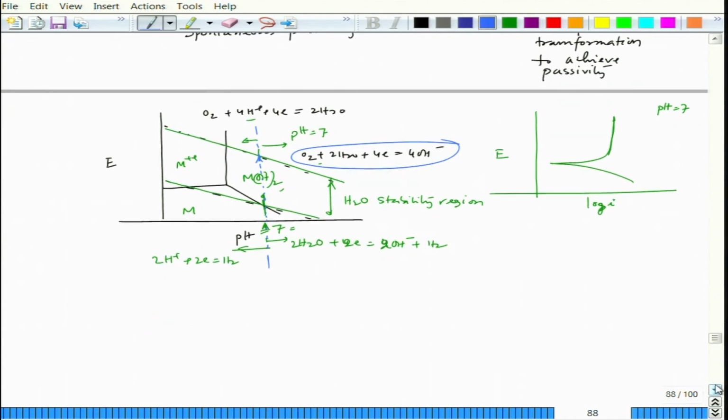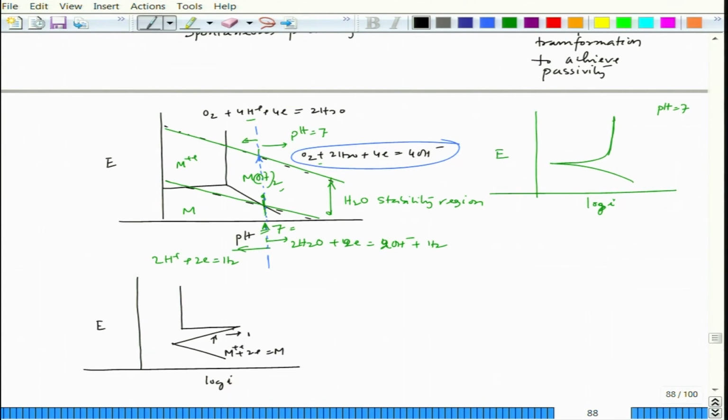For example, if I try to do a mixed potential plot, let us say this is the anodic plot, E versus log i, anodic plot only.